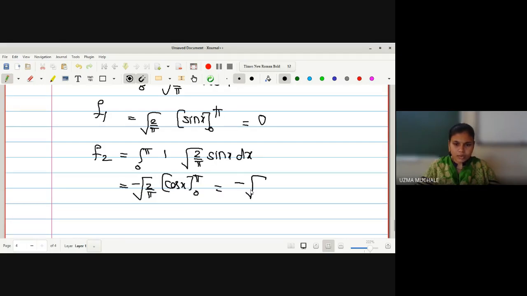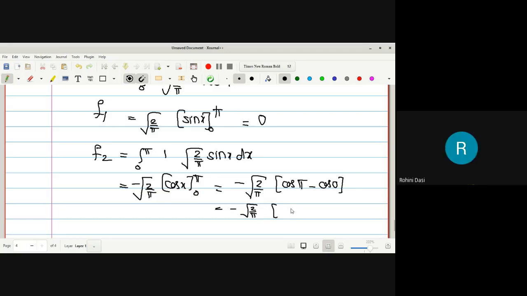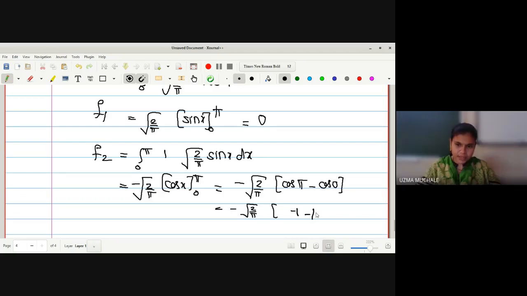So minus root 2 upon pi, cos pi minus cos 0. Value of cos pi is minus 1. Minus, minus becomes plus. So it will be 2 root 2 upon pi.